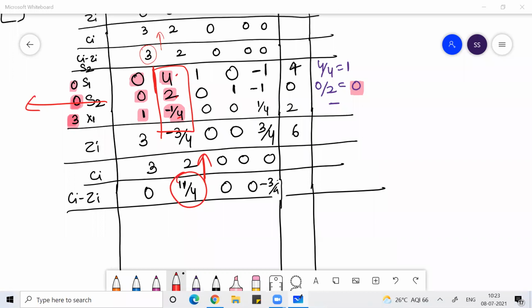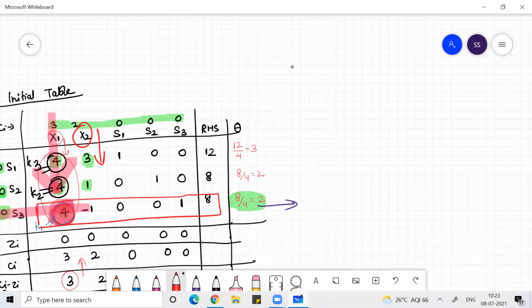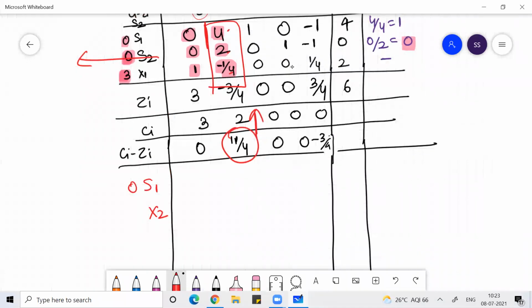Done everyone. So now once you understood this, you'll write S1 0 coefficient. The coefficient of X2 is how much? That is 2. X2 coefficient is 2 and X1 coefficient is 3. Done everyone.